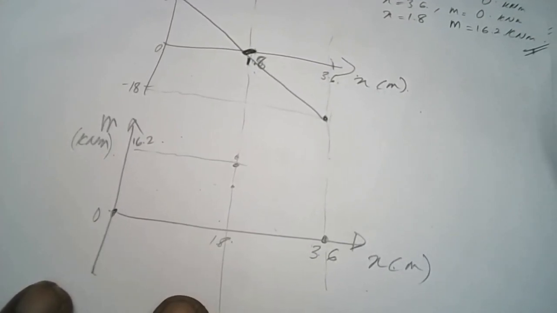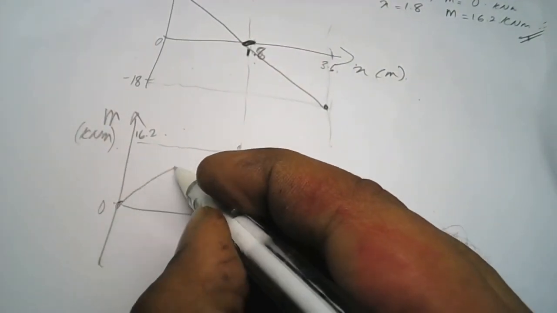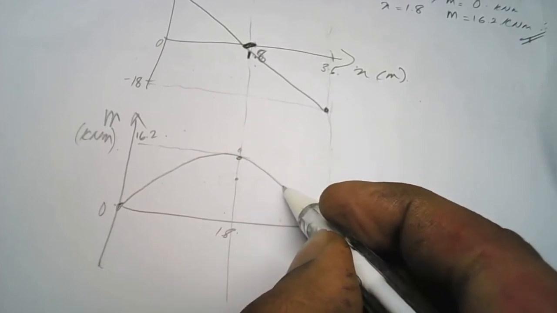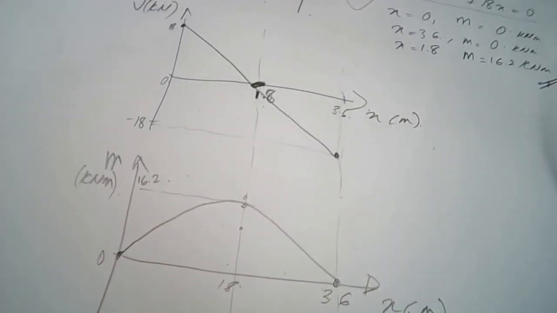Then our graph, with negative, is a sad face, so we have this kind of quadratic graph. Okay, finished.